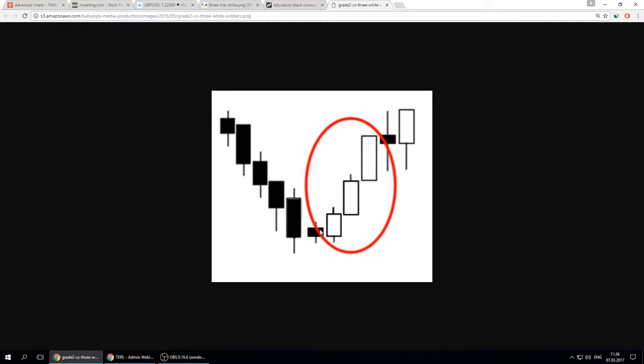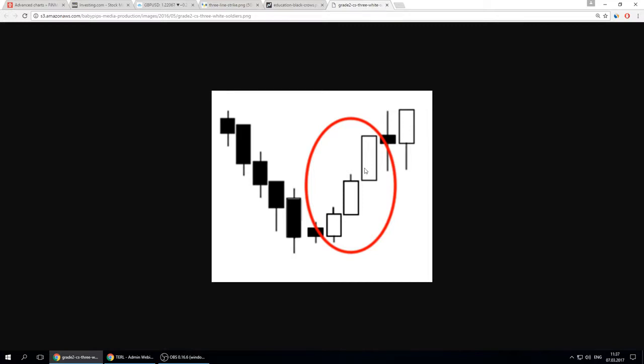They can also appear after a period of consolidation, and in this case they are usually not considered a strong bullish signal. So if you notice 3 white soldiers at the bottom of a downtrend, that can show that the trend has changed, and the bulls now dominate the market.